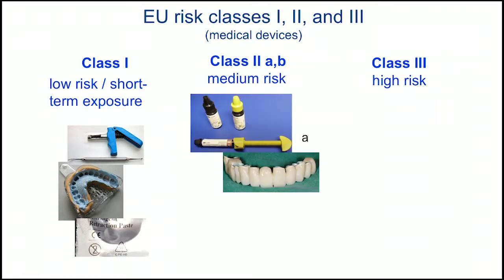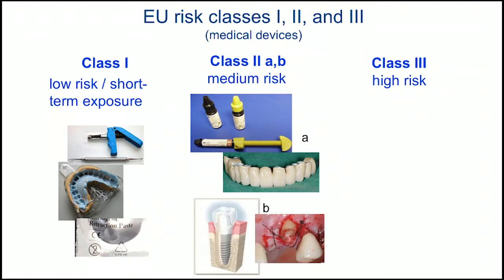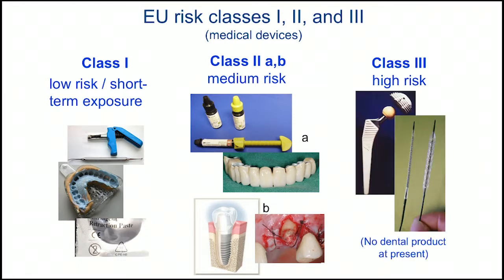The main group of products are the medium risk products, class 2, A and B, for example the filling materials and the prosthodontic materials. Materials for dental implants and sutures are termed invasive, and they are termed class 2B, but they're still in the class 2 division. Class 3, as far as I know, there is no dental product in this group. There's a high-risk products, for example, hip prosthesis and cardiac stents.